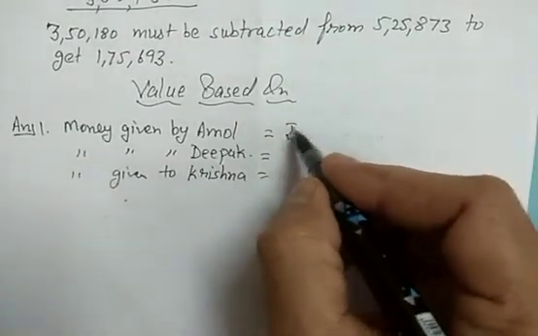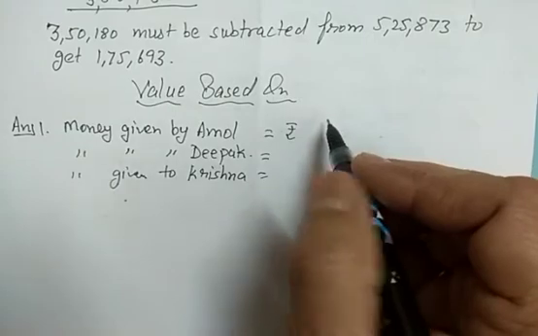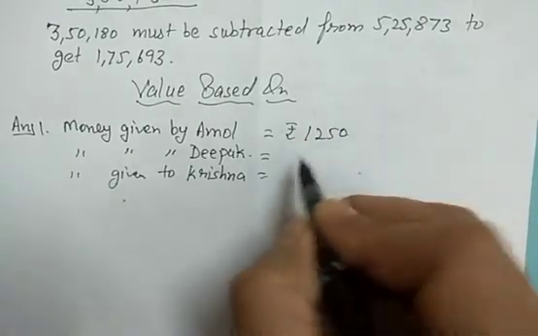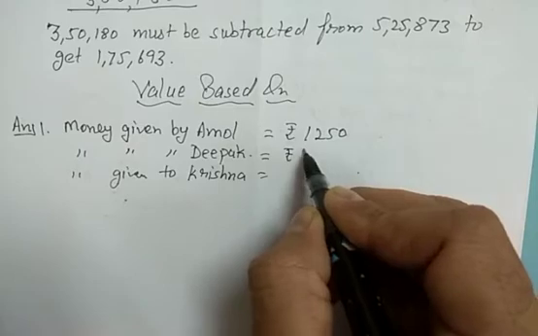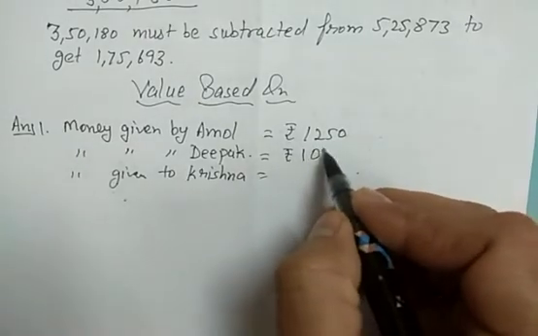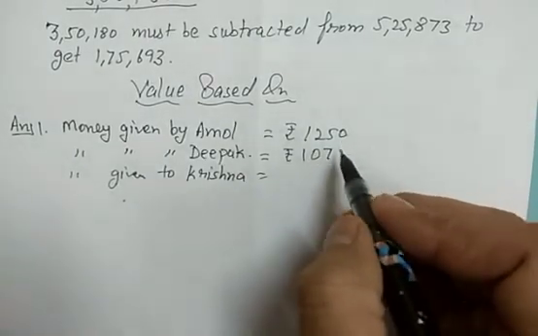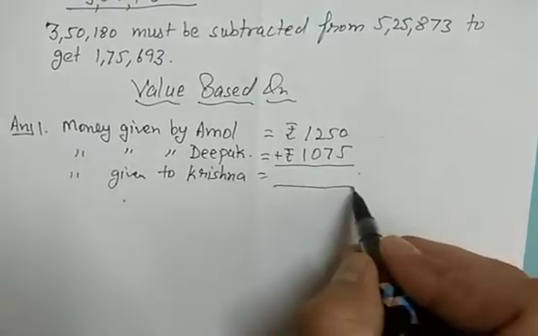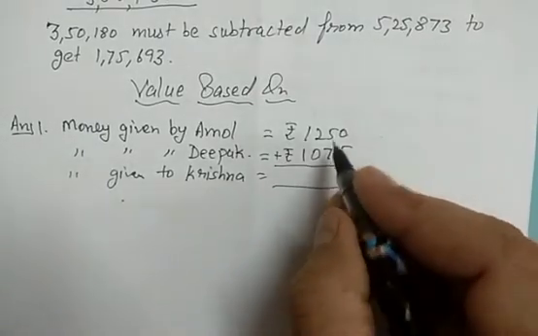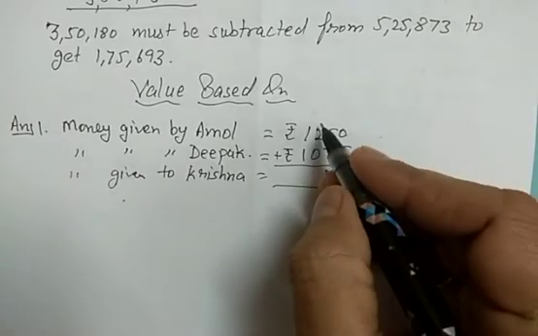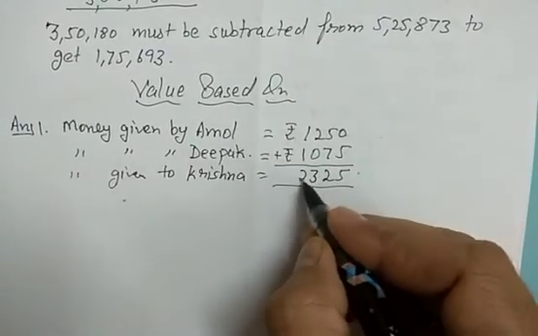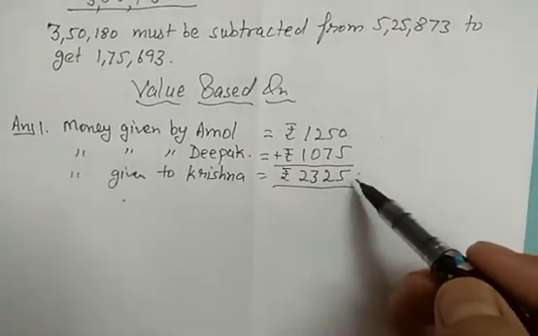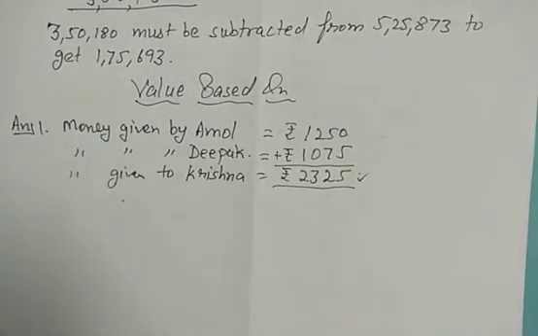Money given by Amol is rupees 1250 and money given by Deepak is 1075. We will add this, so we'll get the answer. 5 plus 0 is 5, 7 plus 5 is 12, 2 plus 1 is 3, and 2. So this is the money given to Krishna.